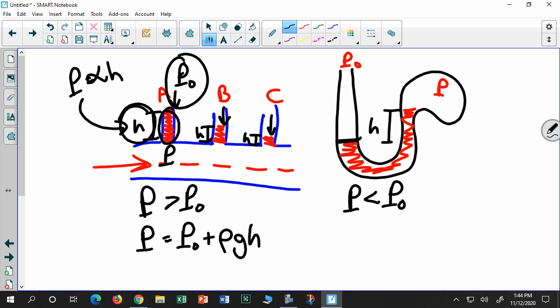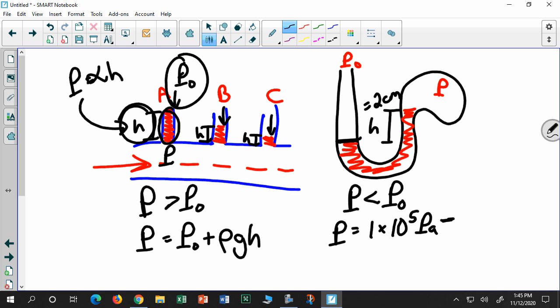And so if I know this height, let's say that this height is, I don't know, 2 centimeters, then I would say that P is equal to P naught. If it's atmospheric, that would be 1 times 10 to the 5th pascals. And since it's less, is it plus or minus? It's going to be minus, right?